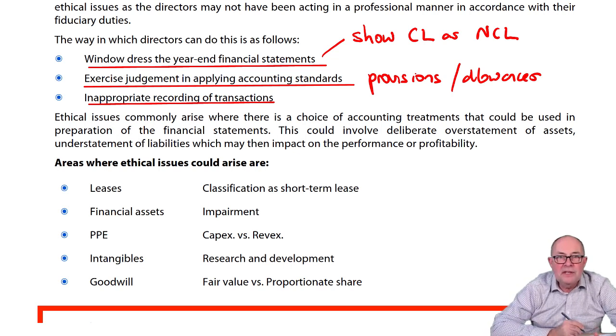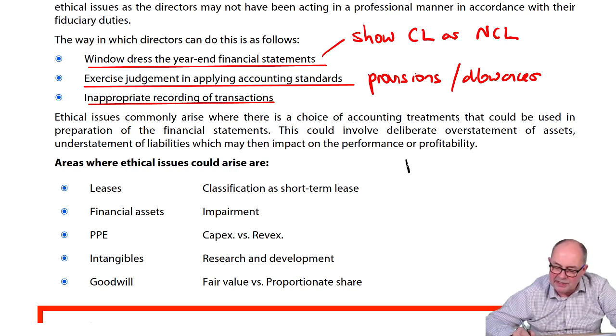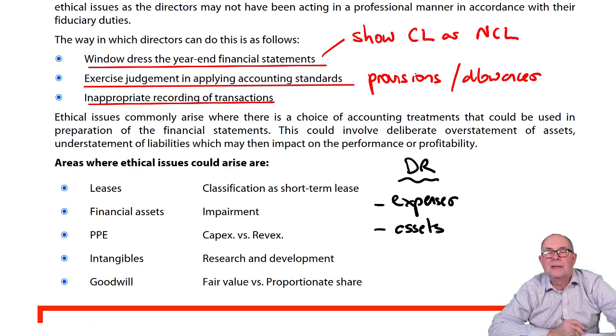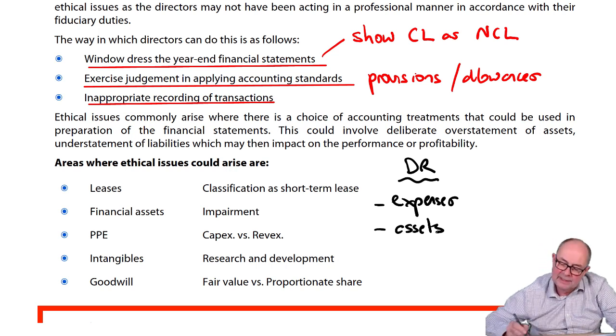Remember, the first thing you learned was debits and credits. And you learned that debits are either expenses or assets. So if a company has a big expense and debits asset instead, by mistake or deliberately, then their assets will go up and their profit will not go down.